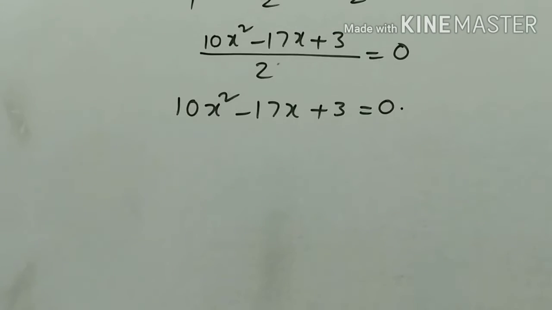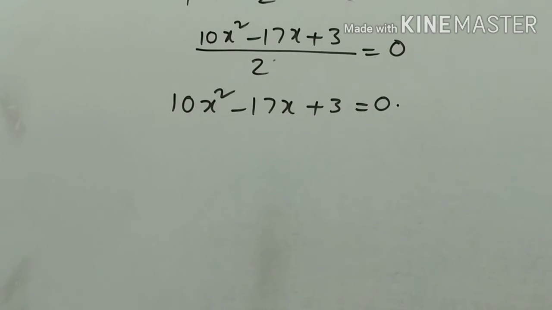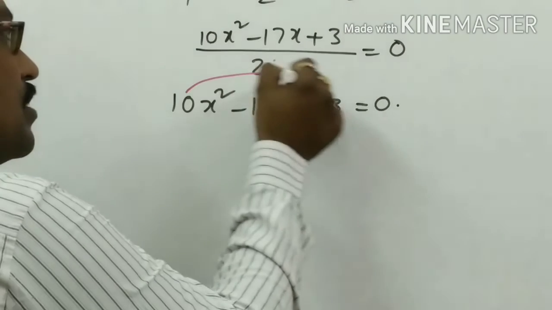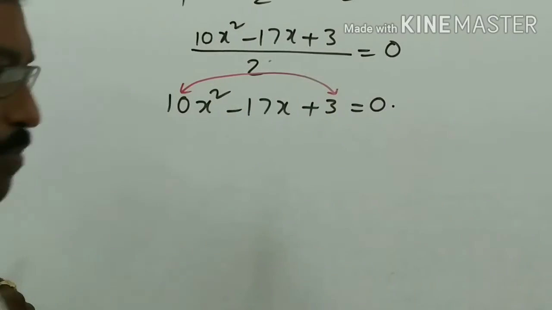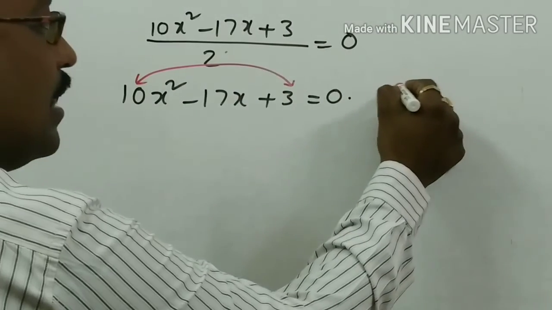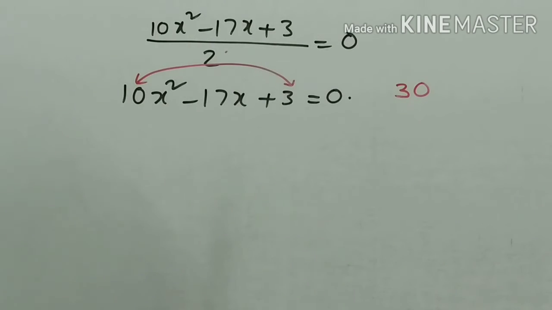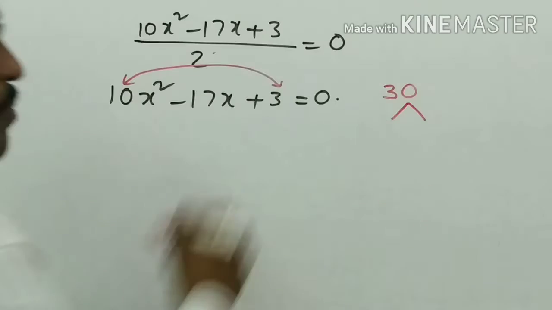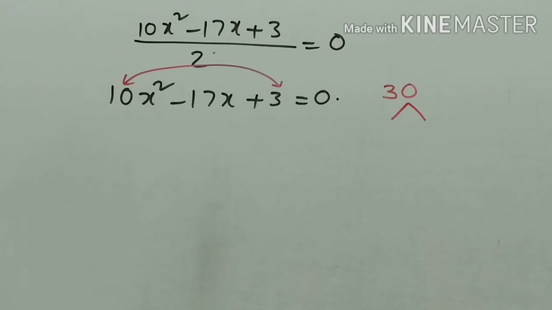Now how to factorize this? You should multiply the x square coefficient and the constant. 10 threes are 30. So write all the possible factors of 30.